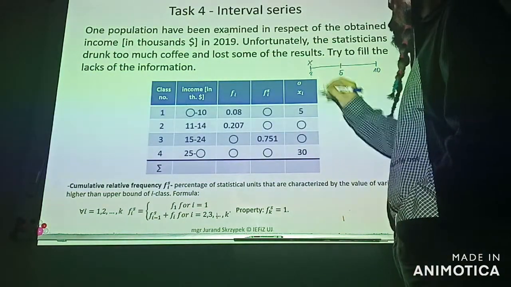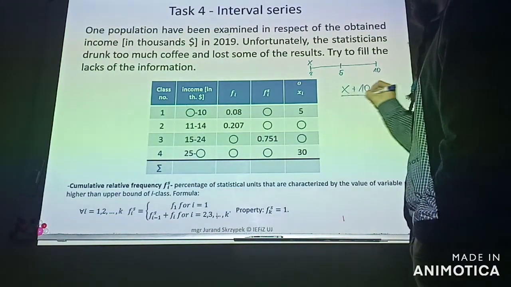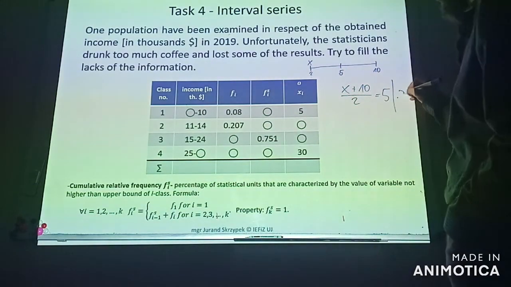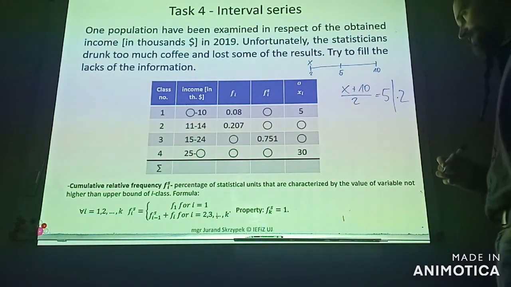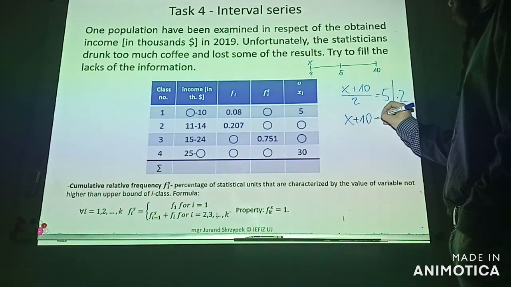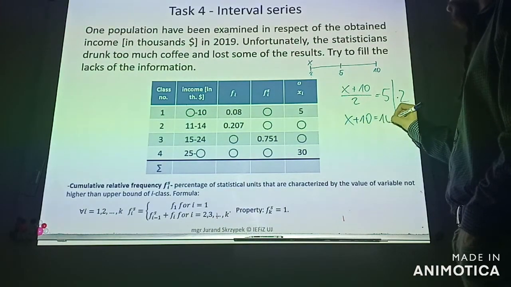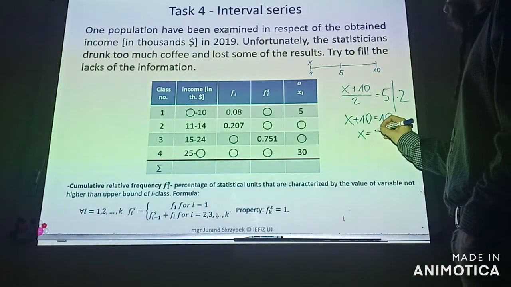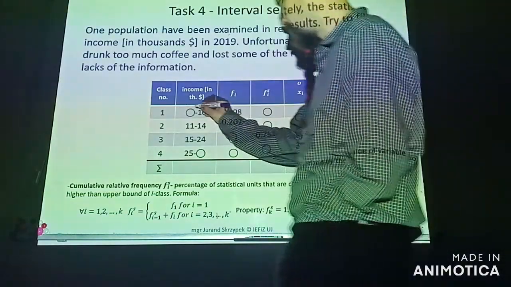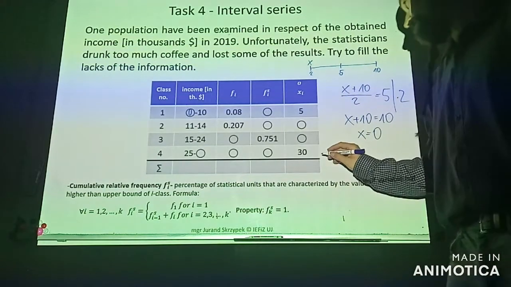We can denote it by x, so (x plus 10) divided by 2 gives us 5. Yes, we multiply this equation by 2. x plus 10 is equal to 10, so x equals 0. It's simply 0. The same thing here.